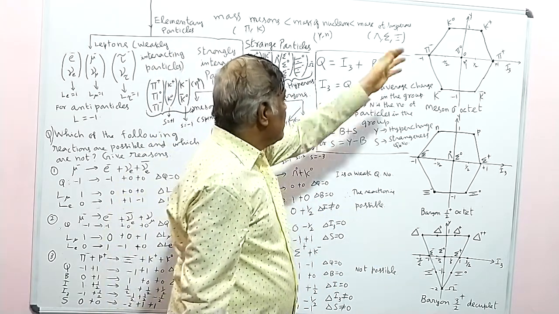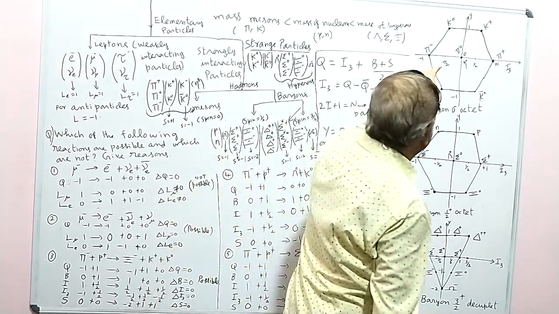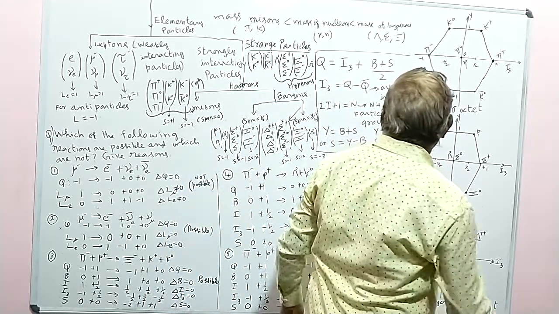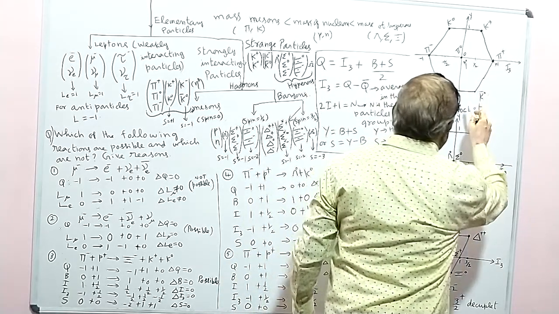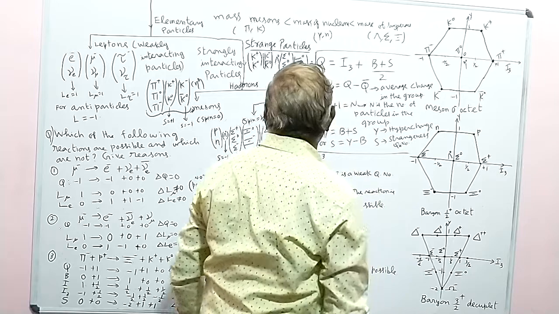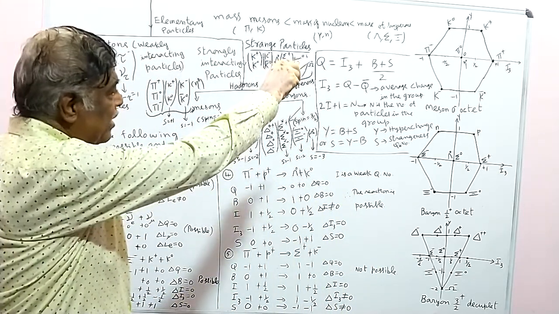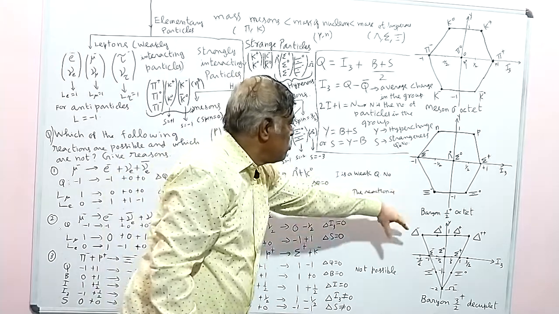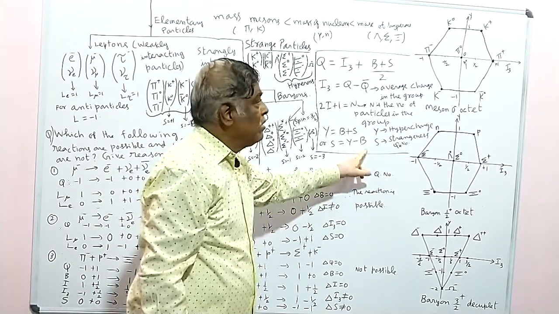Here for mesons, this is the y value, and baryon number is 0. So if you want to find the strangeness number, you need not subtract 1 there, whereas for baryons, you have to subtract 1 from the y value.